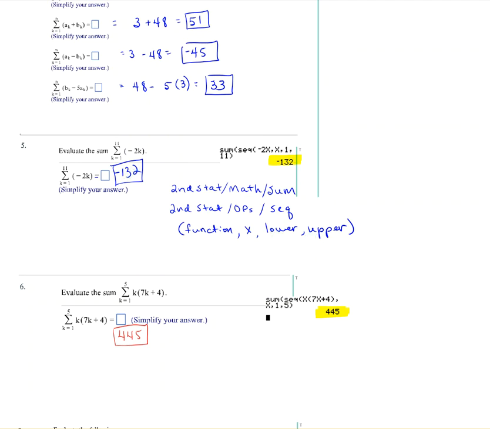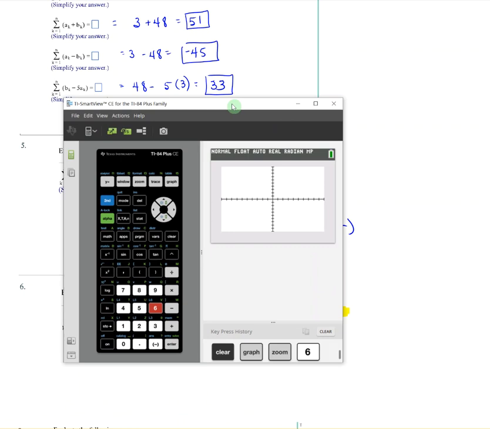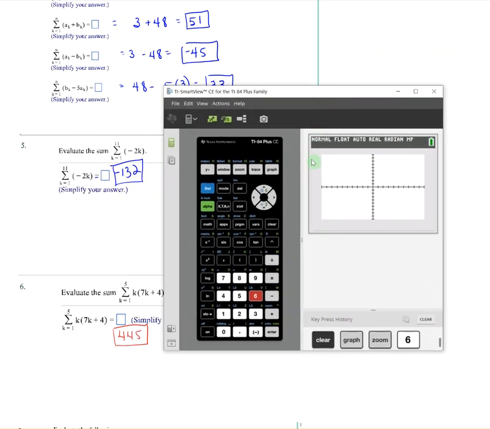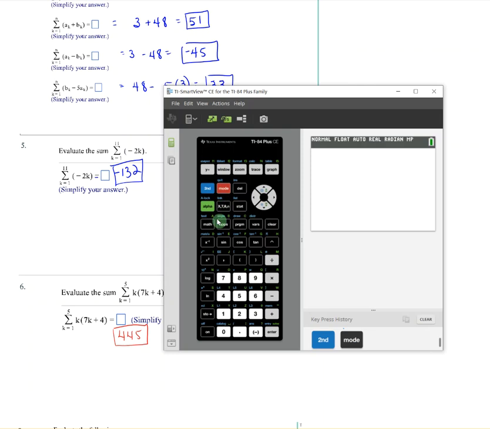Now, if you're on the newer ones, let me bring this over here. So let's get out of that. All right, so if you go to math and go down, you can see summation. You hit enter, and it is lovely because you are just plugging in the values.